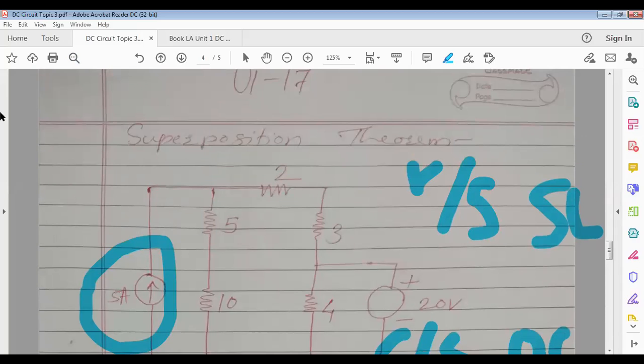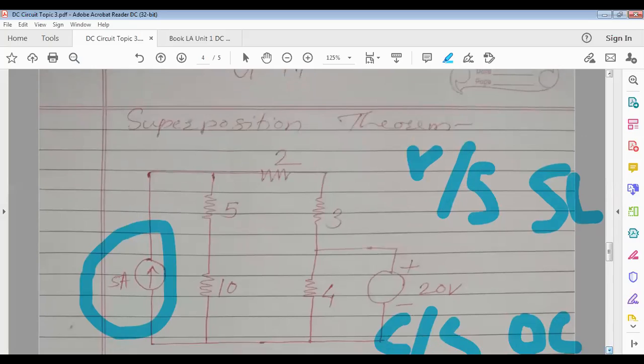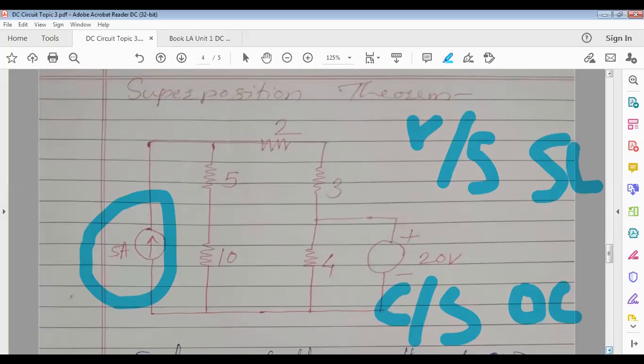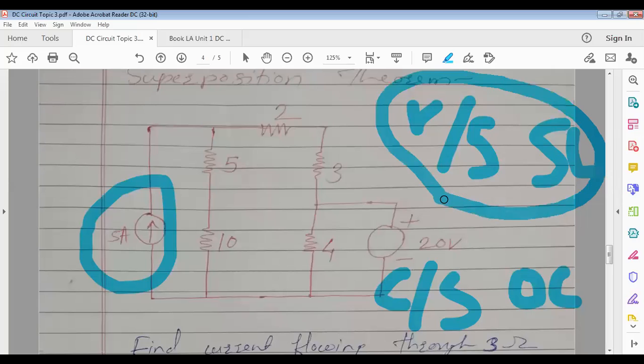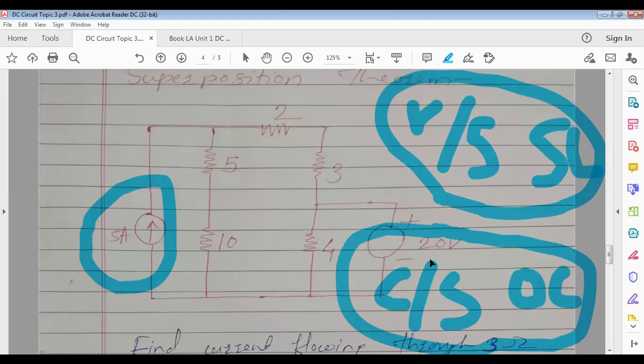I'll consider only the 5 ampere source. Then what do you have to do with the remaining sources? If a voltage source is there, you have to make it short. Short, correct.